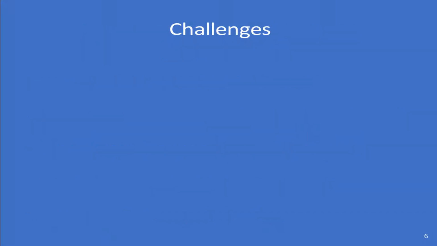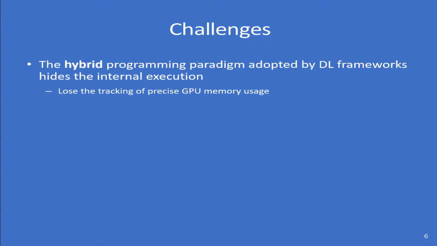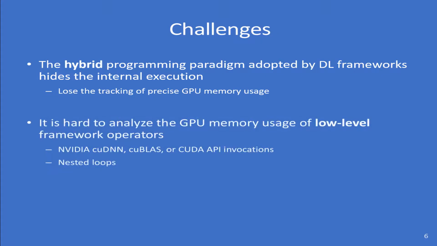However, memory estimation is a very challenging task for the following reasons. The hybrid programming paradigm adopted by the DL frameworks hides the internal execution, so it loses track of the precise GPU memory usage. It is hard to analyze the GPU memory usage of low-level framework operators, the NVIDIA cuDNN, cuBLAS, or CUDA API invocations, and nested loops.